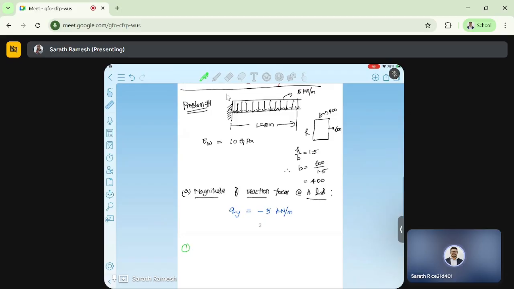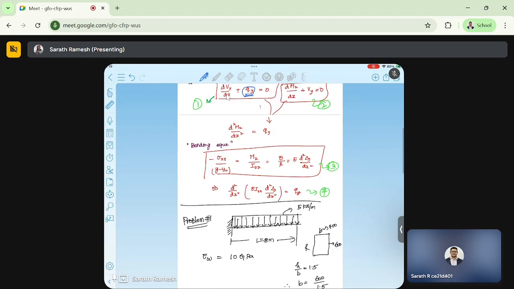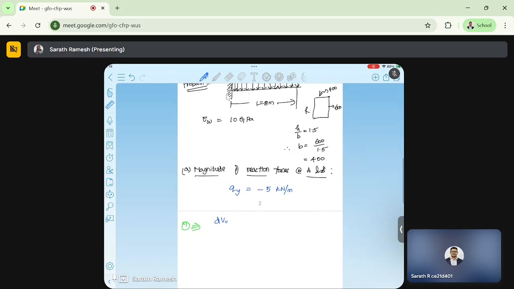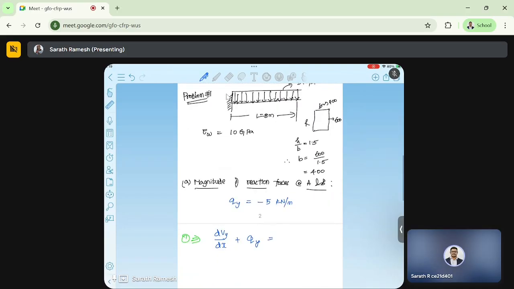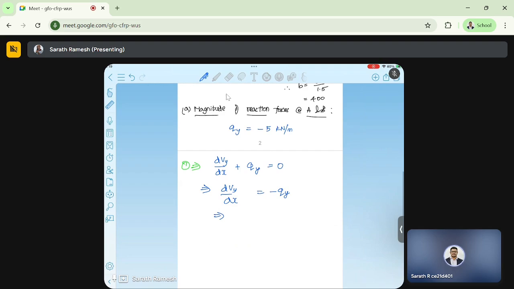Equation number one implies dVy by dx plus qy equal to 0. So this implies dVy by dx equal to minus qy. So dVy equal to minus qy dx.